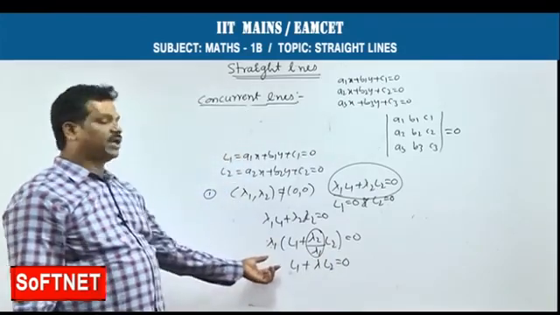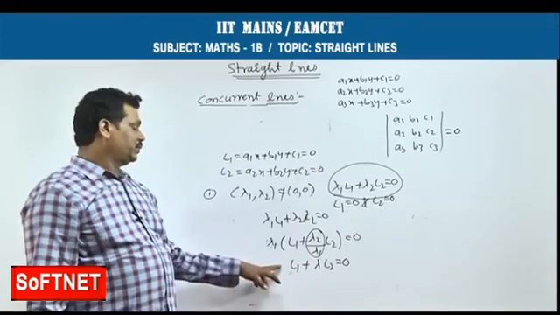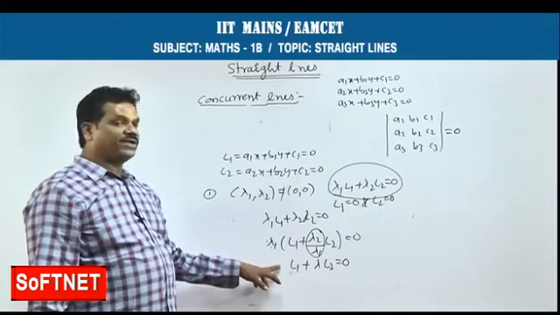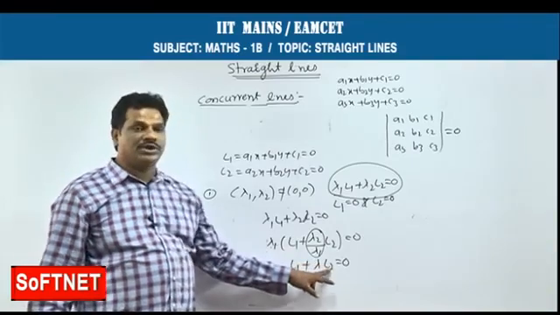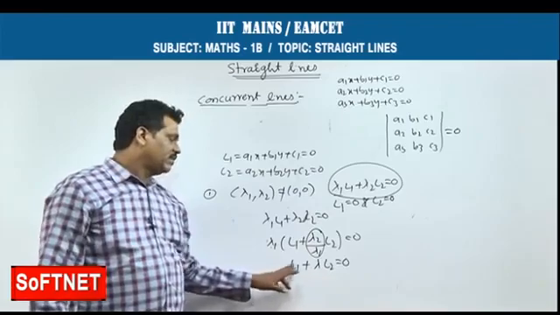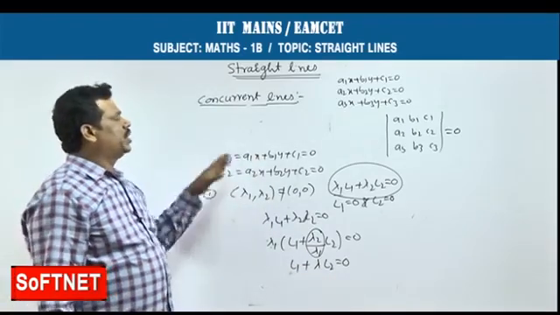The equation of the straight line passing through the point of intersection of the lines L1 equal to 0 and L2 equal to 0, other than L2 equal to 0, is of the form L1 plus lambda L2 equal to 0. This is also a condition for concurrent lines.